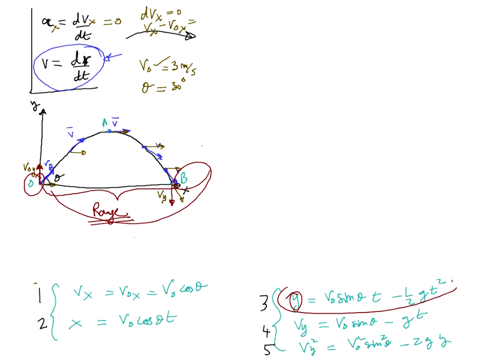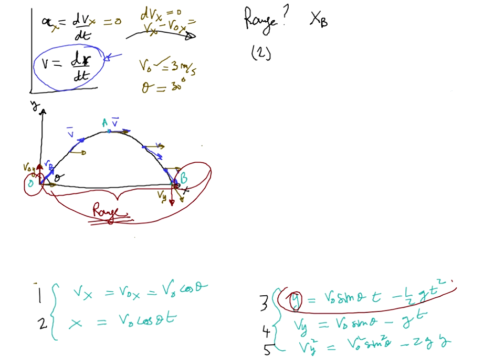Using the equation that you have, how would you do it? So again, if I'm asking you for the range, you know that you're after this. Therefore, you know that you need to use equation 2. The problem is, because that's the only equation that has x, the problem is you don't know t.